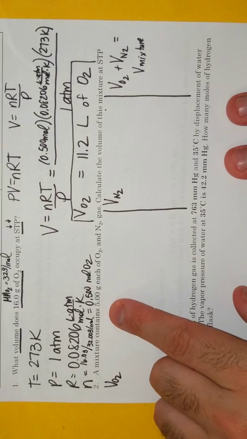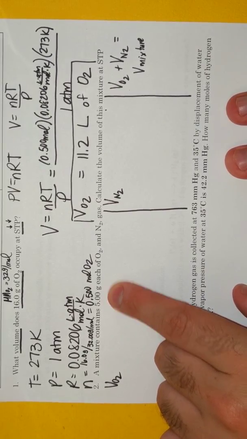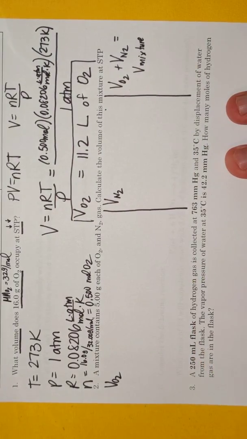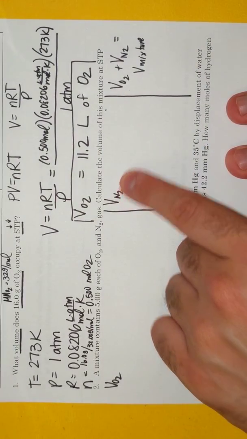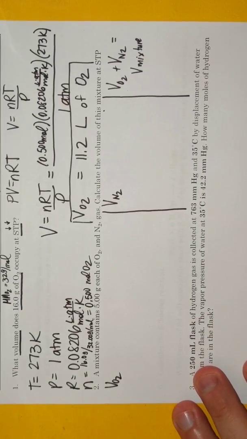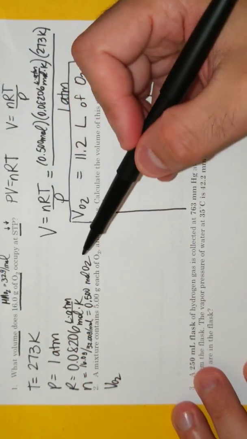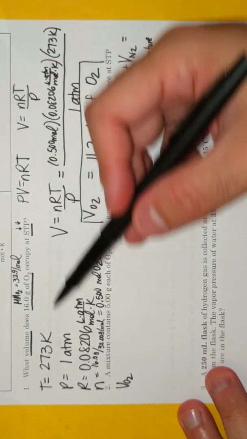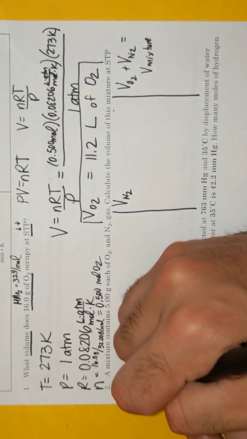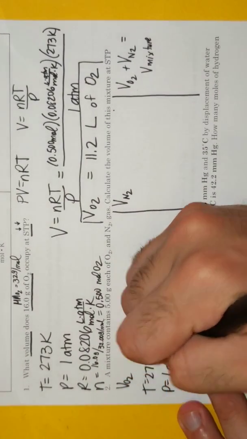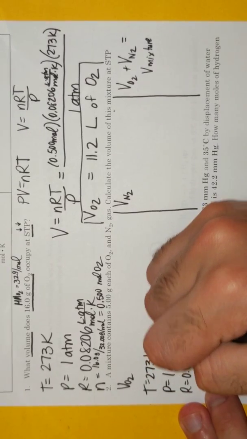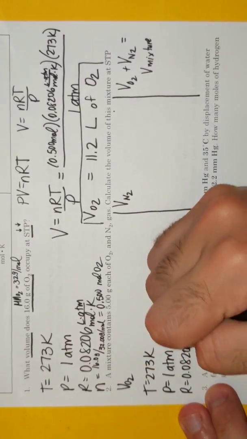It says a mixture contains 5 grams each of O2 and N2 at STP. So now, what's the volume of this mixture at STP? You're going to do the exact same thing we did in question number 1, where I could say T is 273 Kelvin, P is 1 atmosphere, R is equal to 0.08206 liters times atmospheres per mole Kelvin.